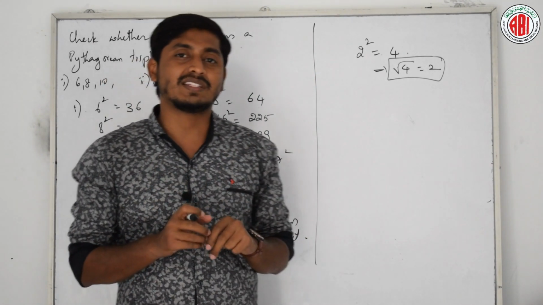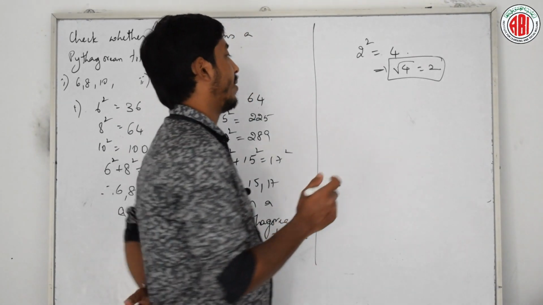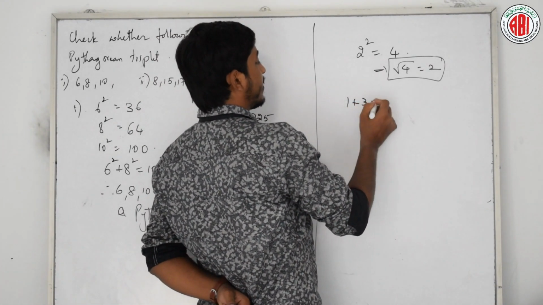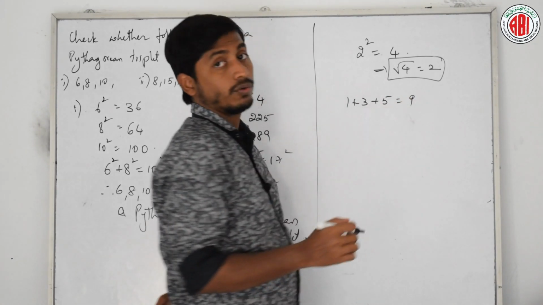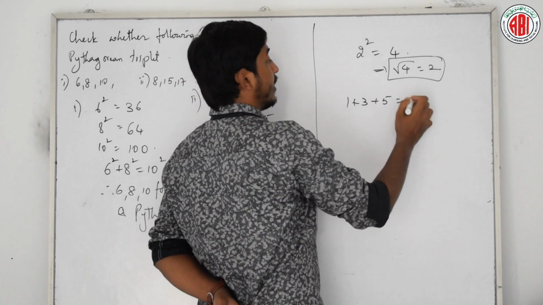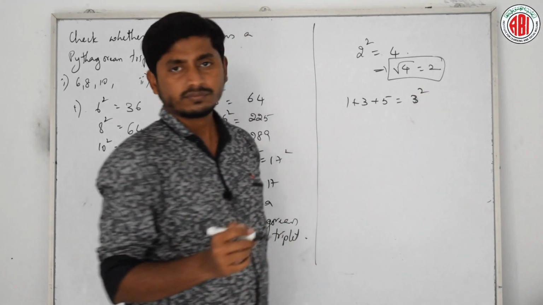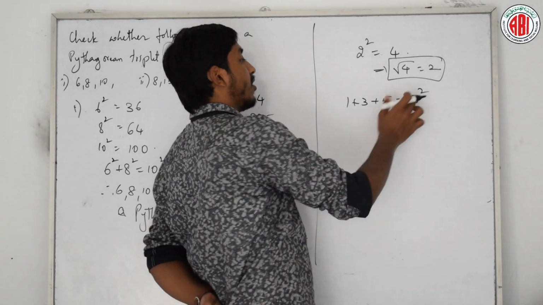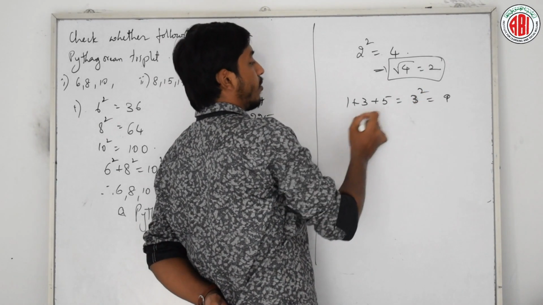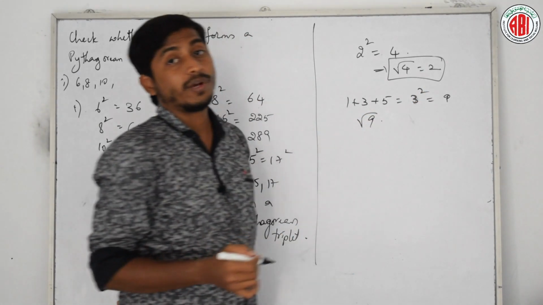The first method: if you remember, what is 1 plus 3 plus 5? 1, 2, 3, that is 9. How? That is nothing but my 3 square. Is it okay? Which means, if I want to find the square root of 9, what do I do?